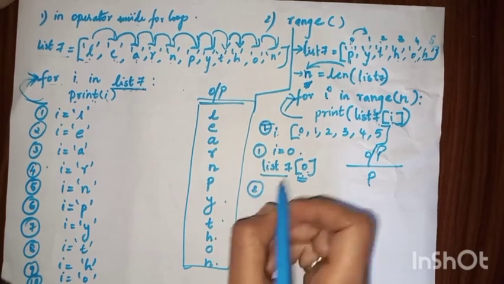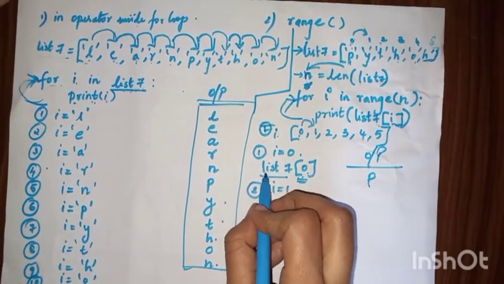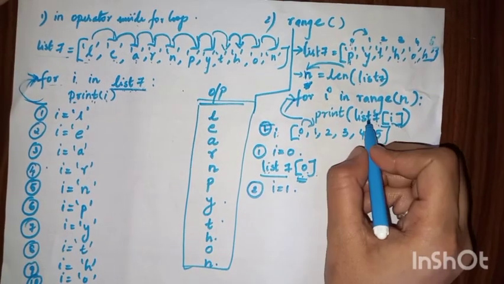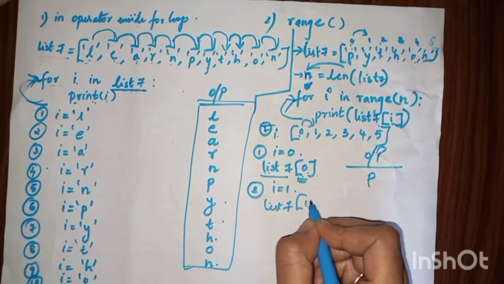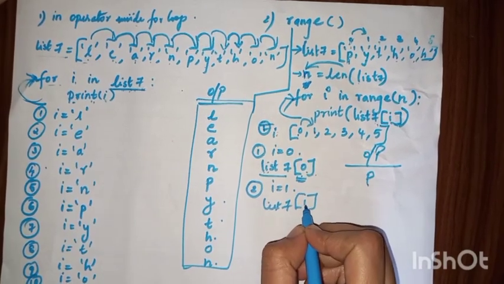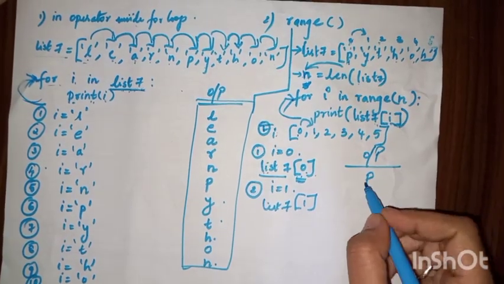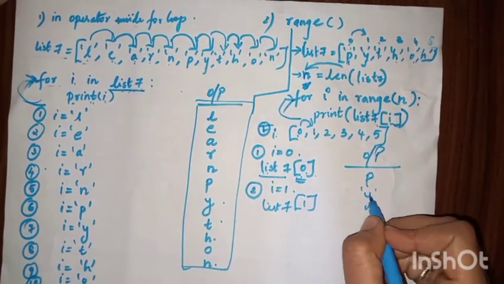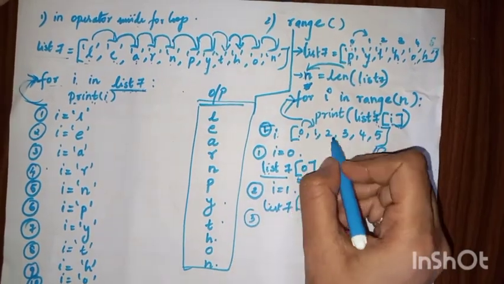Now in the second iteration the value of i will be 1. Then this statement will become print list 7 at index position 1. At index position 1 the value is y. So, print y. Then in the third iteration i is 2.